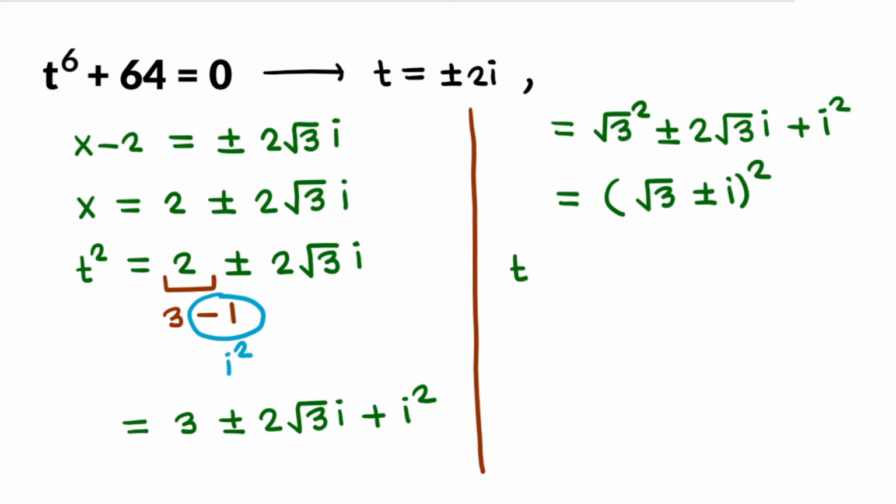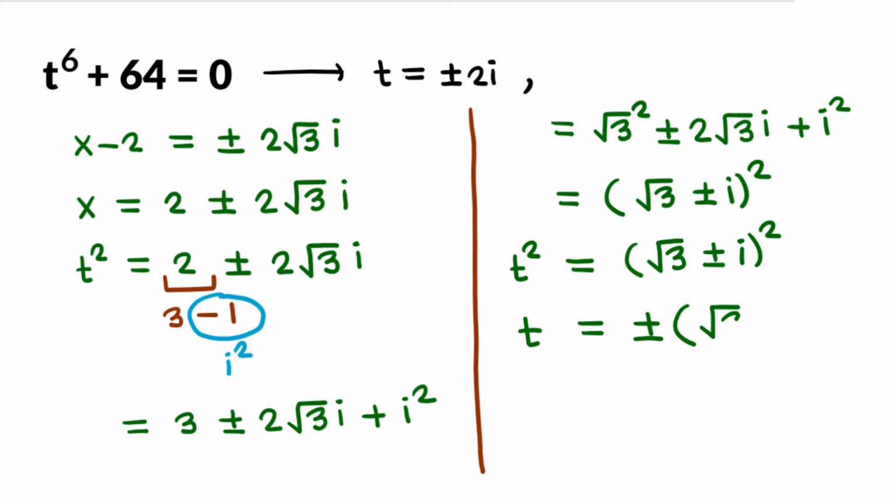Therefore, t squared equals the quantity square root of 3 plus or minus i squared. So, t equals plus or minus the quantity square root of 3 plus or minus i. And there we have it.